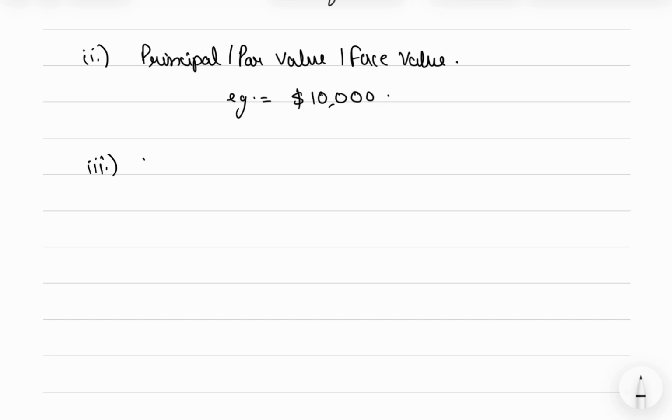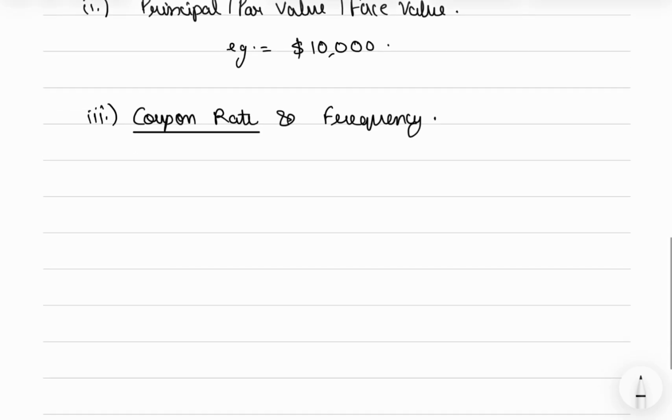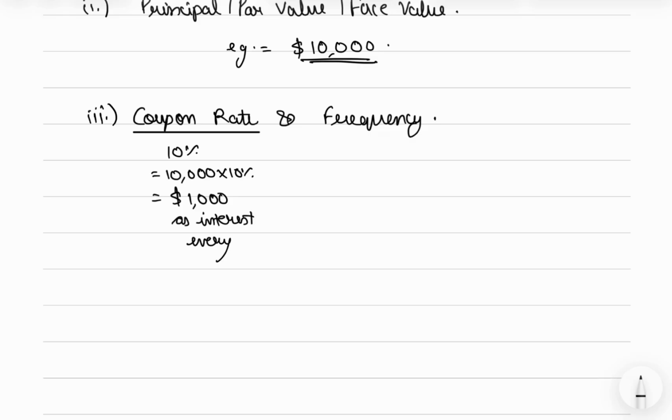Now the next terminology is coupon rate and frequency. Coupon rate is the interest paid as a percentage of the principal. So if the bond is of 10,000 and the coupon, let's say, is 10%, what you will be receiving is 10,000 times 10%, that is $1,000 as interest every year.